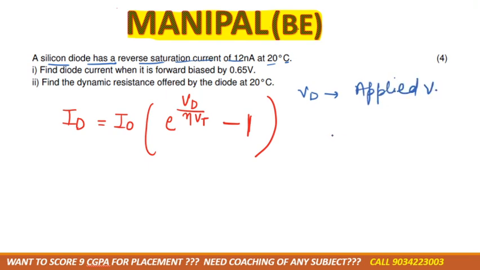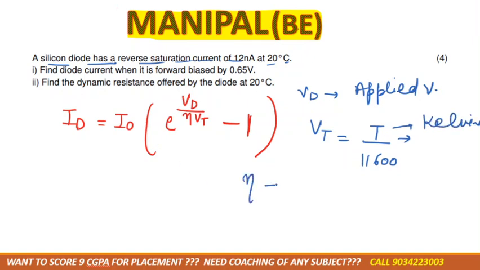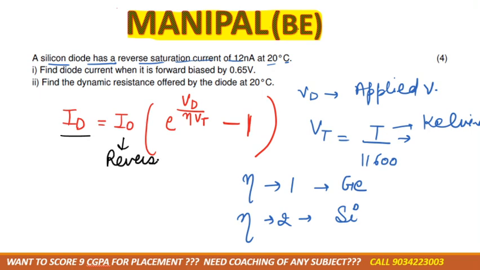And we have the formula for VT, that is temperature divided by 11600. Temperature must be in Kelvin. And the eta value is fixed: it is 1 for germanium and 2 for silicon. Okay, so ID is the diode current, I naught is the reverse saturation current.